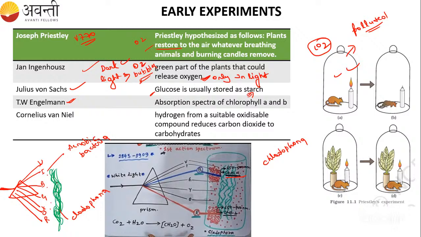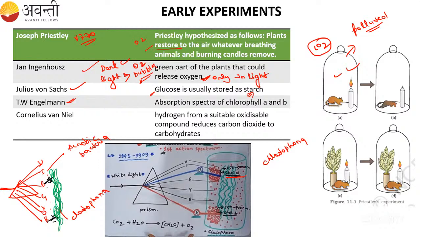He observed that Cladophora is doing photosynthesis particularly in the blue wavelength and the red wavelength. So oxygen is released only in the places where the blue and red wavelengths are coming.